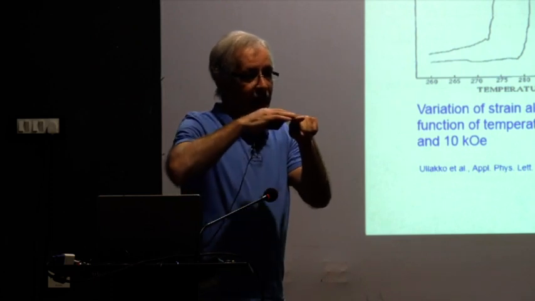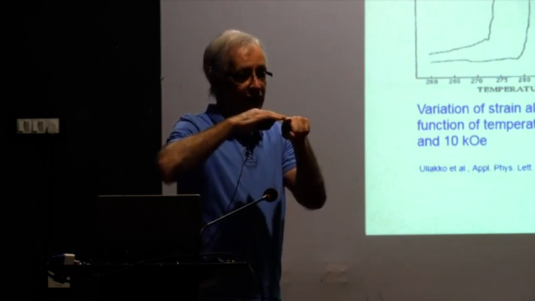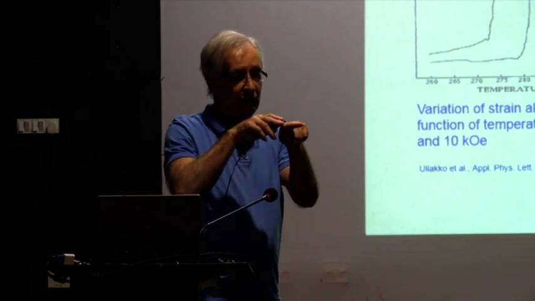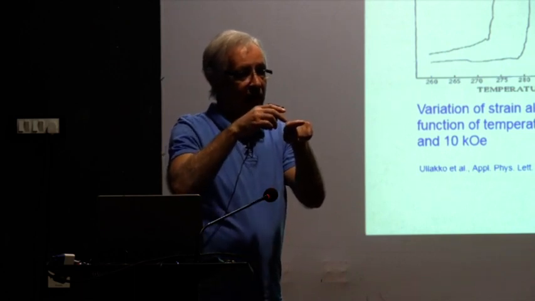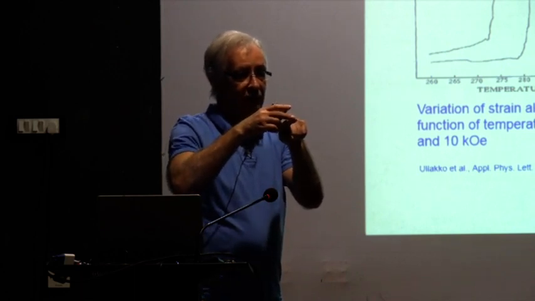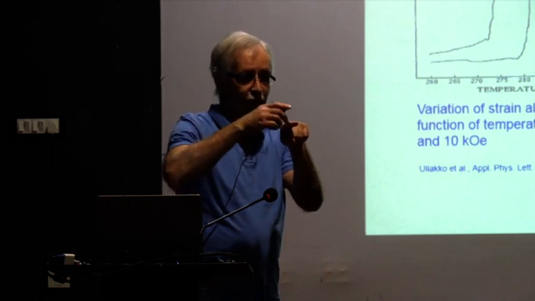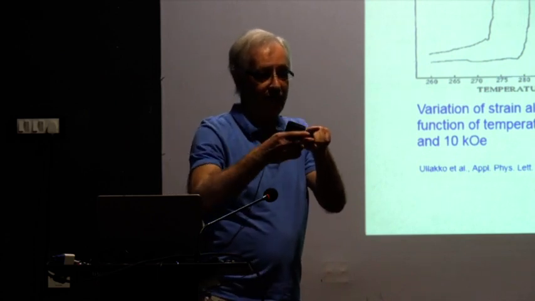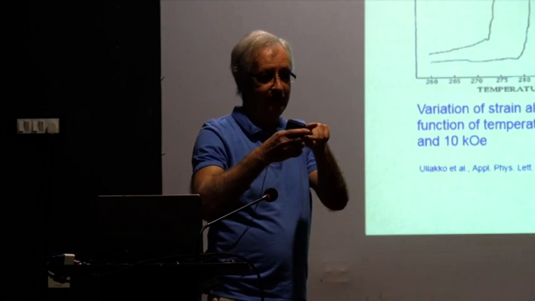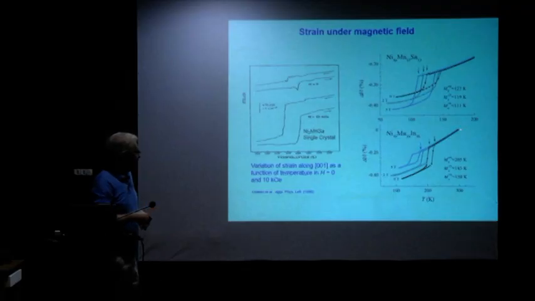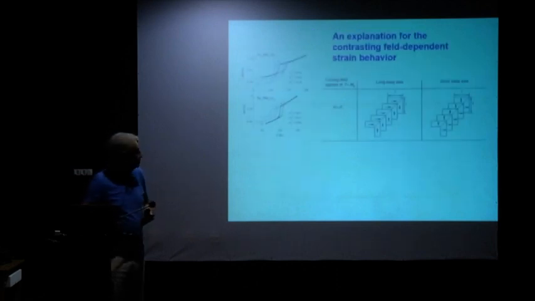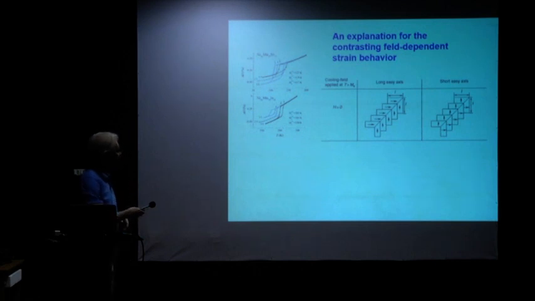If you have a strain gauge, the strain gauge is in the plane of the sample and it's along the magnetic field, and if the difference is getting larger, then the short axis is growing in the field direction. Okay? Now when we come to nickel manganese indium, the case is the opposite. Let's try to visualize this over here.